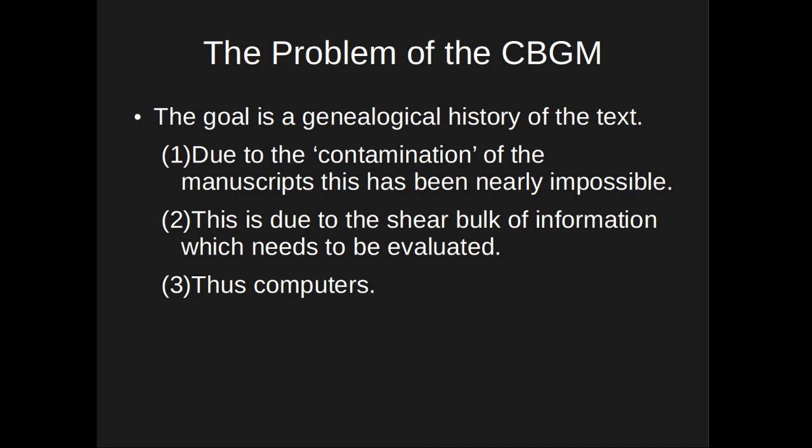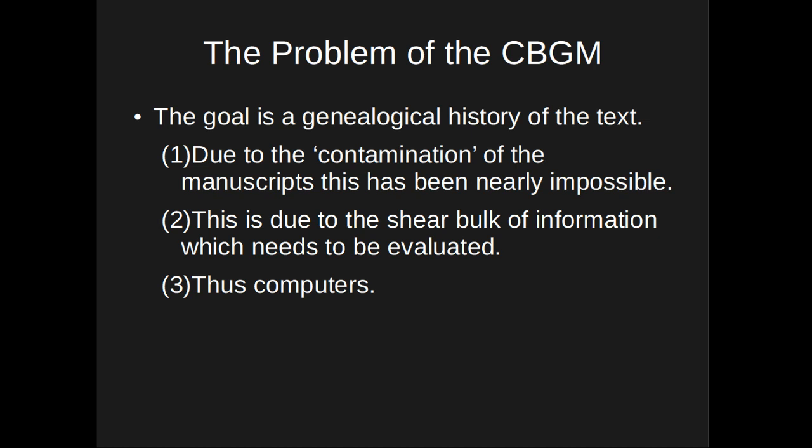Maybe his manuscript has a page missing, and he has to go to another manuscript and get the text out of that and put it into his text. And this makes putting the manuscripts which we have into a genealogical relationship, that is, a relationship of parent manuscript to child manuscript, extremely difficult to do.